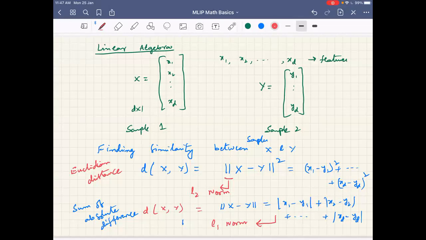Since I have only two samples, I am finding the absolute difference. So these are other ways of finding dissimilarity. These are not ways of finding similarity.